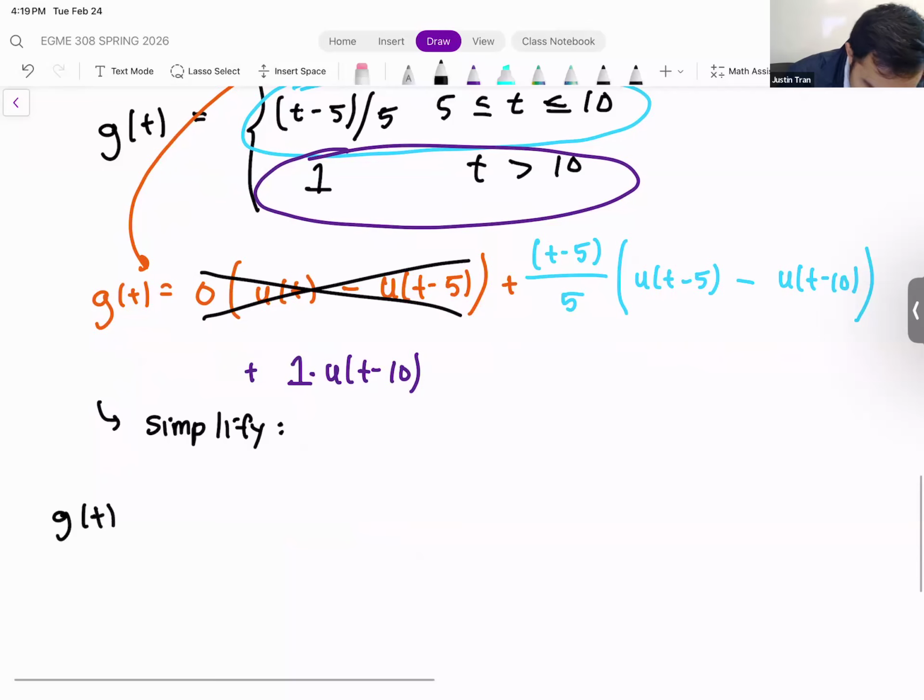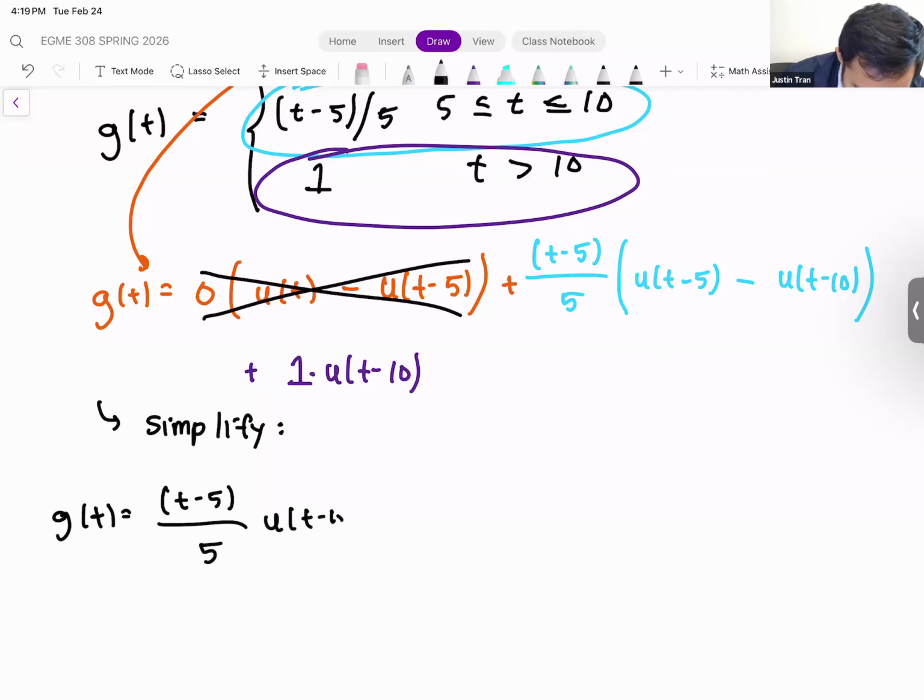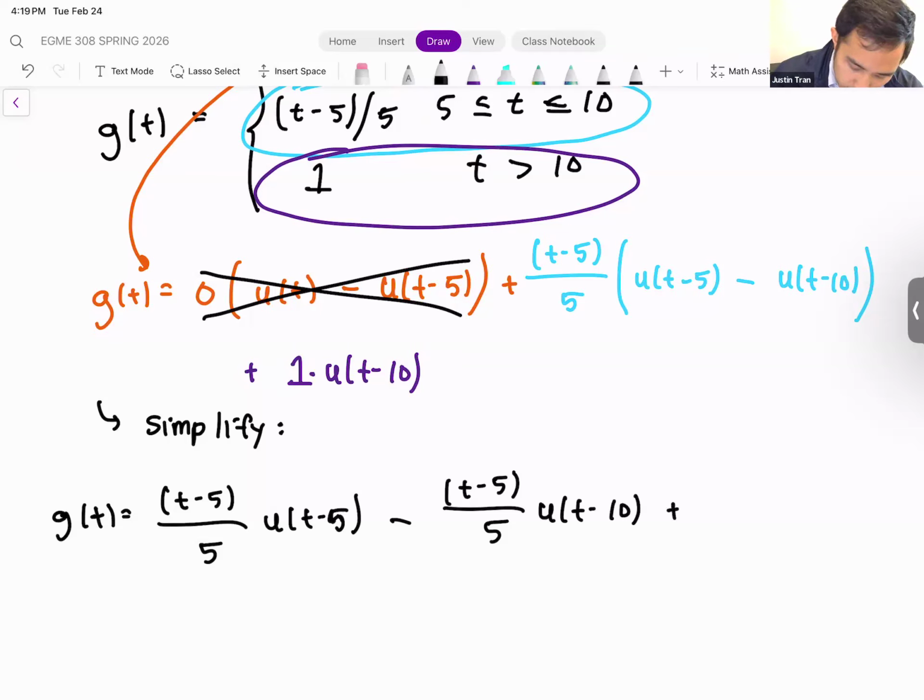We have g of t is equal to t minus 5 divided by 5 multiplied by u of t minus 5, minus t minus 5 divided by 5 times u of t minus 10, plus u of t minus 10.